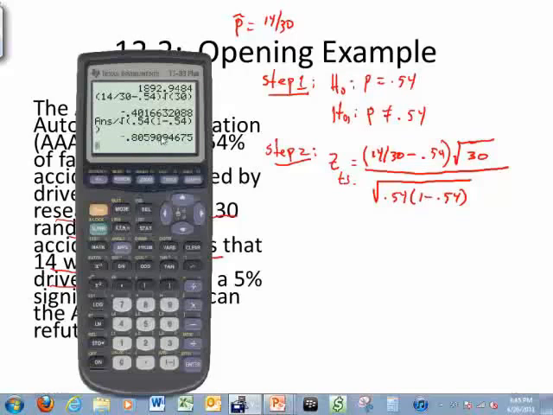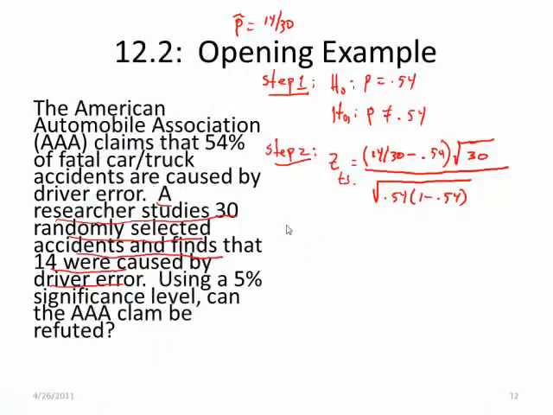I'll take it out to 4 decimal places. So z sub TS is negative 0.8059. My question to you is, what does your intuition lead you to with such a number? To reject or fail to reject?